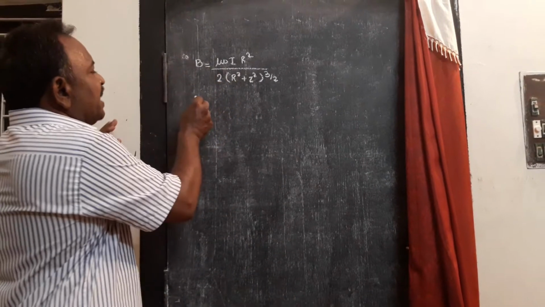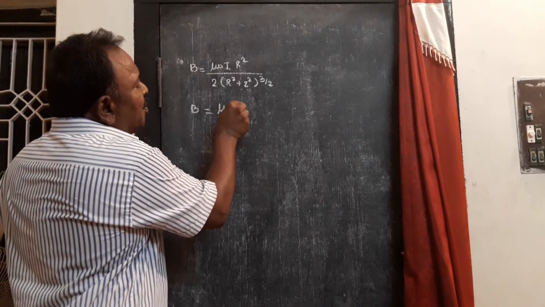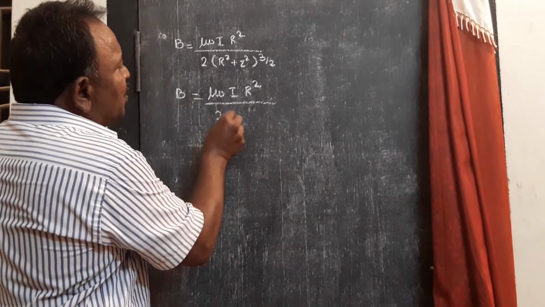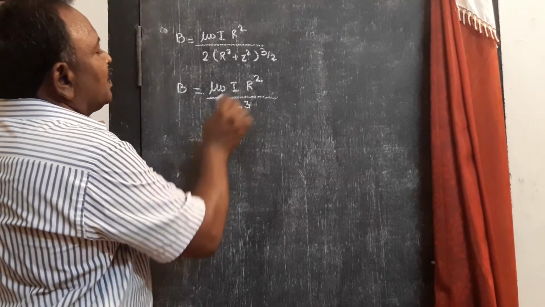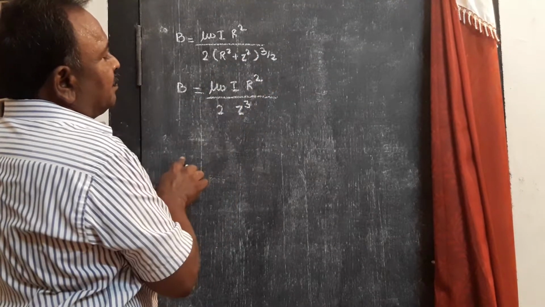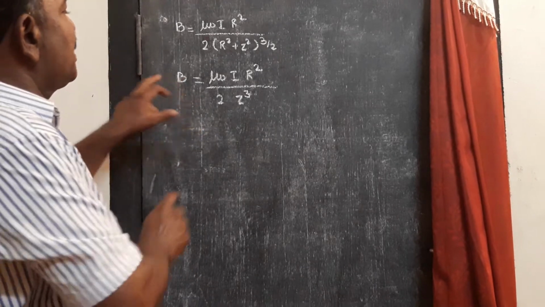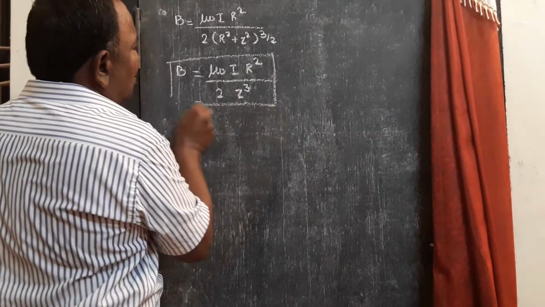When it gets neglected, then you will have B is equal to mu naught I into R square by 2 into Z cube. So this expression gives the magnetic induction due to a circular loop.